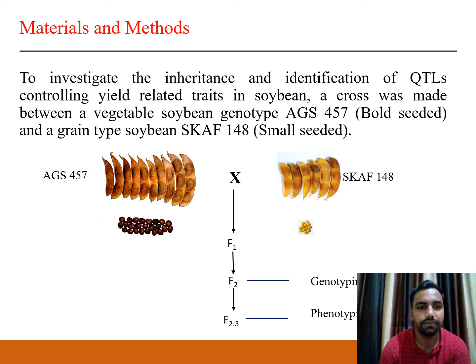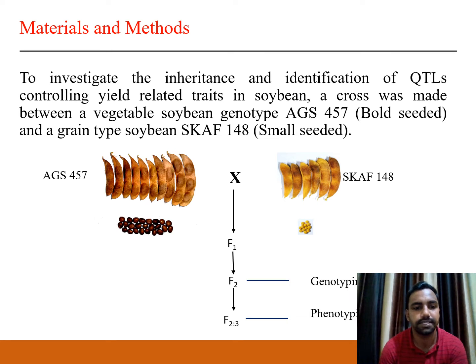So we started our research to investigate the inheritance and identification of QTLs controlling the yield-related traits in soybean. For that, a cross was made between AGS 457, which is a bold-seeded variety of soybean, and a grain type soybean SKF 148, which is a small-seeded variety.